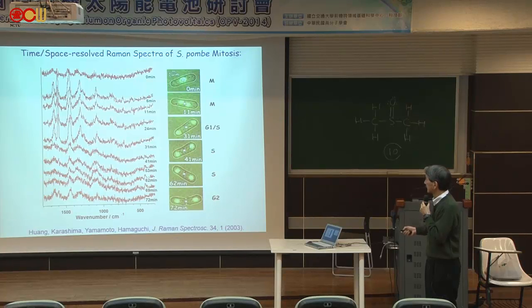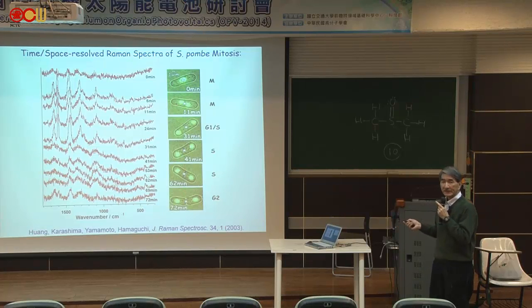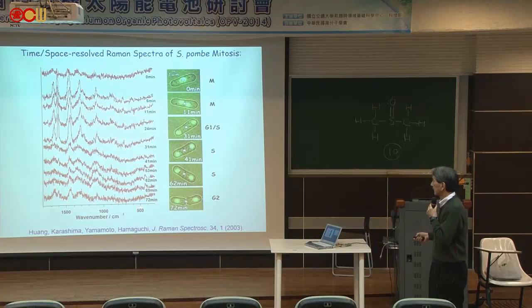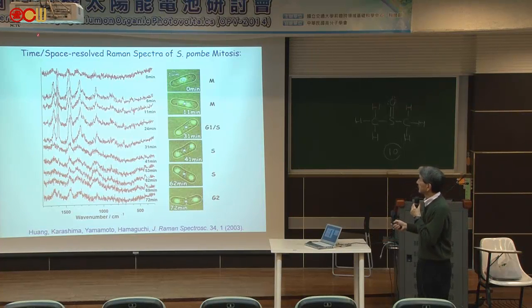And then the spectrum changes very much. And then the septum is matured at 62 minutes. And after 72 minutes, the cell divides into two. And then you have the cell wall here. And here you have the Raman spectrum of the cell wall. This is a real time and space resolved Raman spectra of a living, dividing fission yeast.